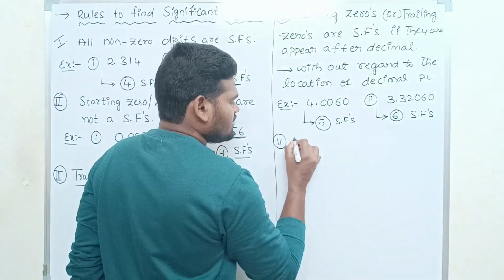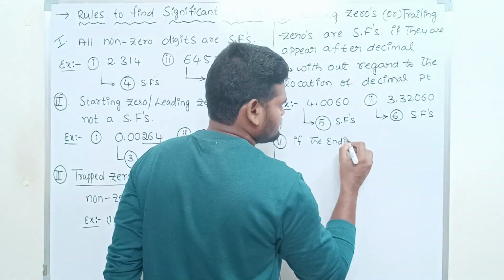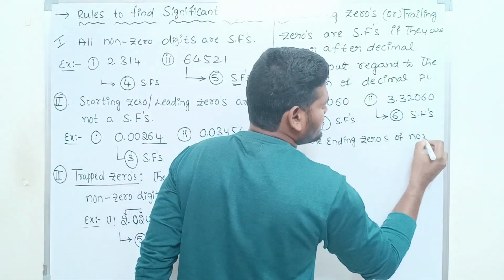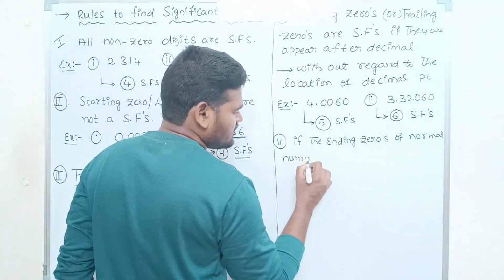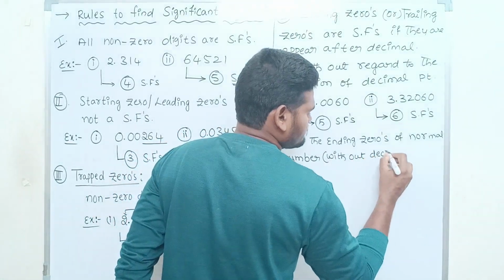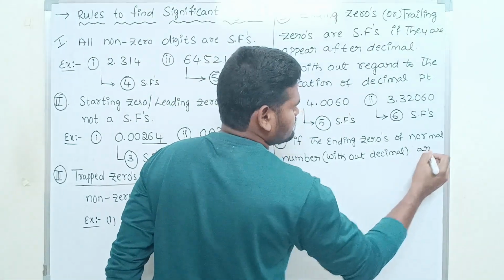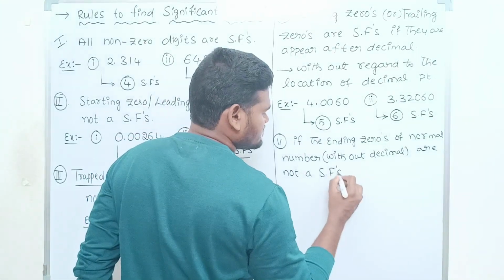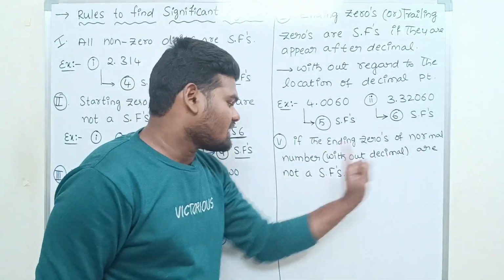Okay. If the ending zeros of a normal number, that means without decimal, are not significant figures.